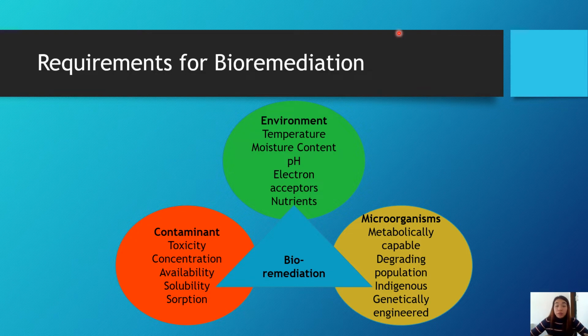DDTs belong to the organochlorines. And of course, pH of 7 is optimal for petroleum hydrocarbon bioremediation. And nutrients, because pesticides still contain elements too, and those are being used by the microorganisms as their energy.